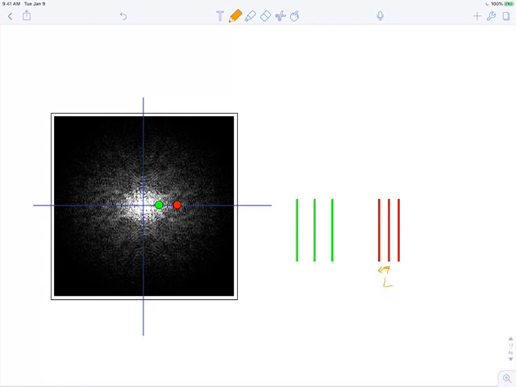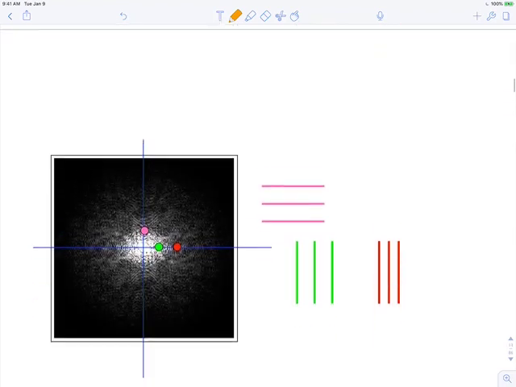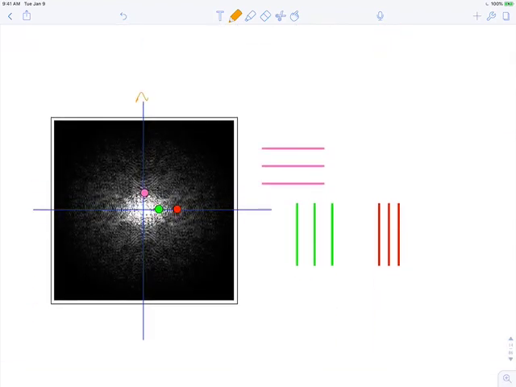So anything along the kx axis is pure left-right variations. Similarly, if we go along the ky axis, to this point here, then that's the L here, but now it's up-down variations. So anything along the ky axis represents variations going up and down.